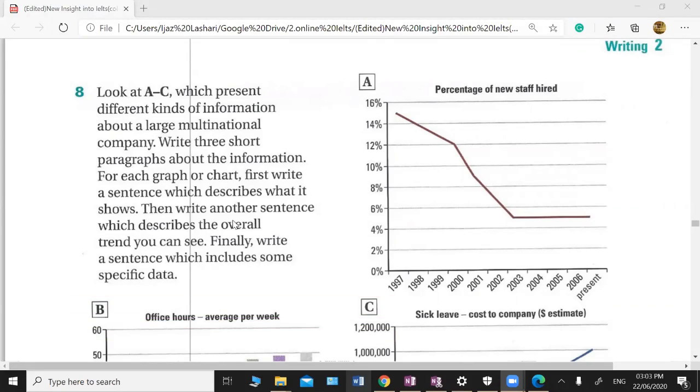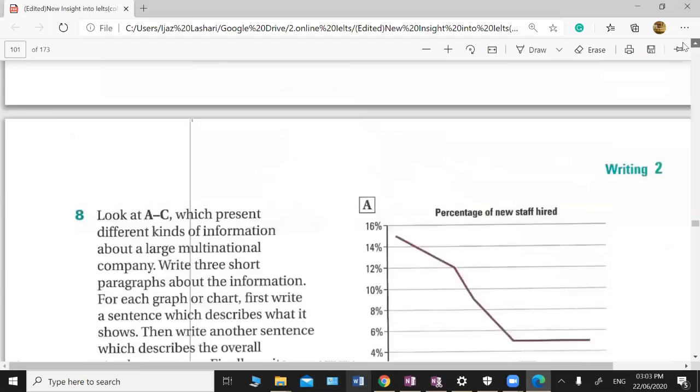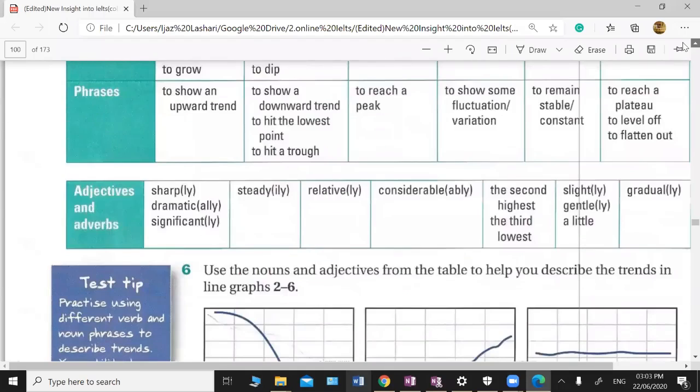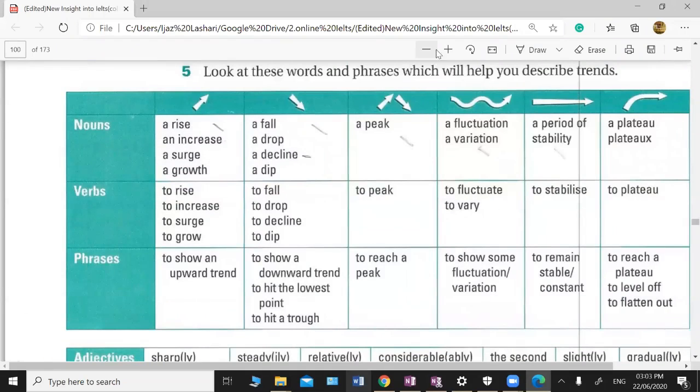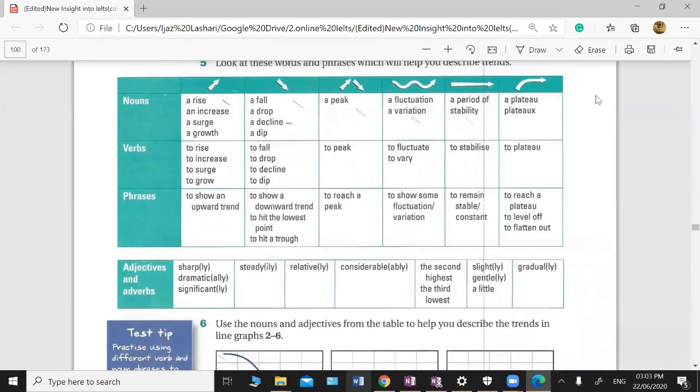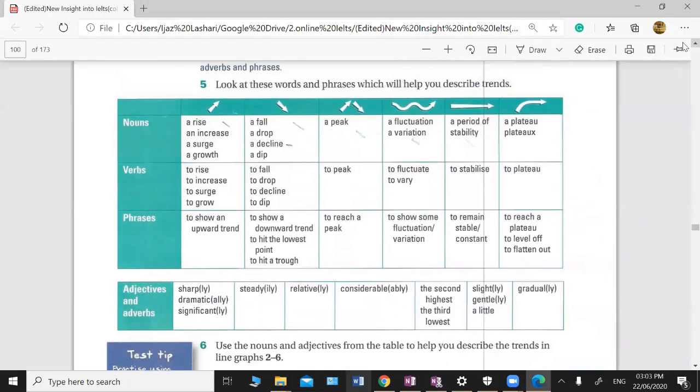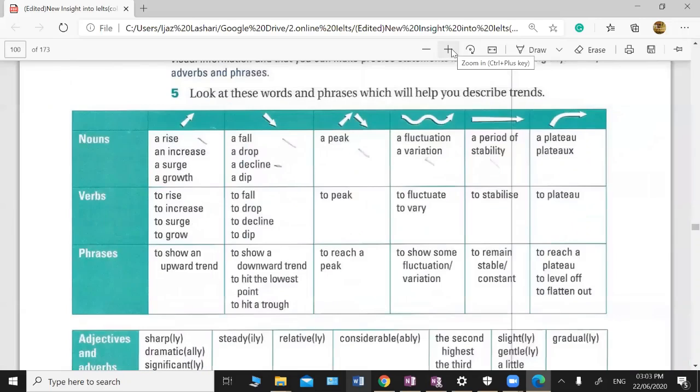Today we are going to talk about IELTS writing. We did IELTS writing yesterday. We went through a number of things, and the most important thing was that we studied some IELTS vocab, which was quite interesting, and it's very helpful when you study for the IELTS test.